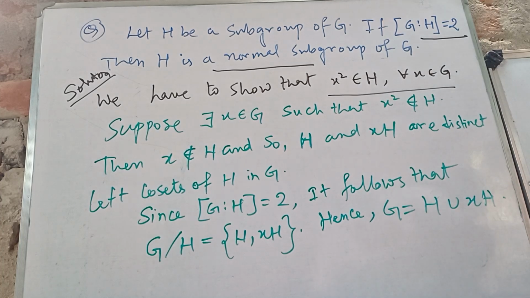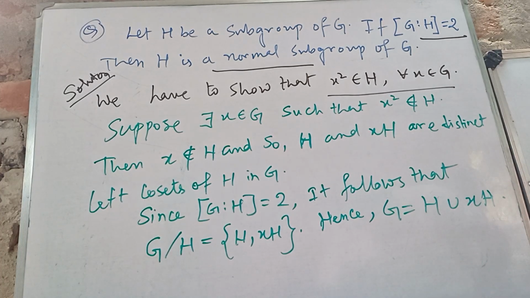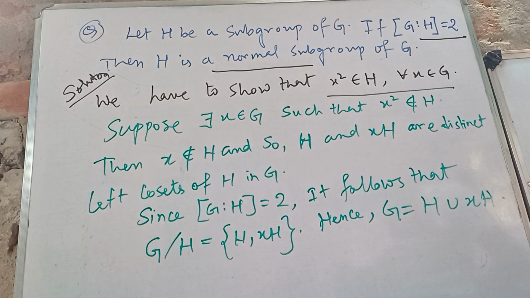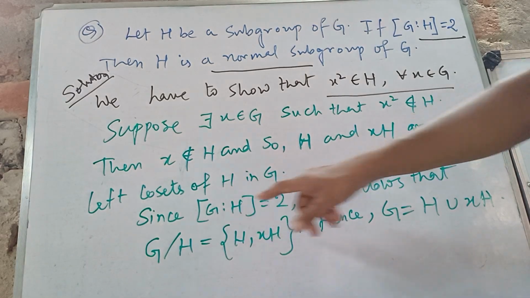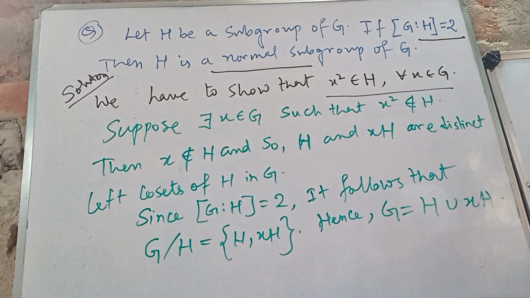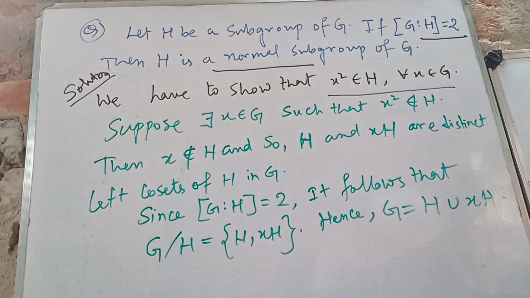These are two distinct left cosets, and obviously the index of H in G equals 2, so this happens.